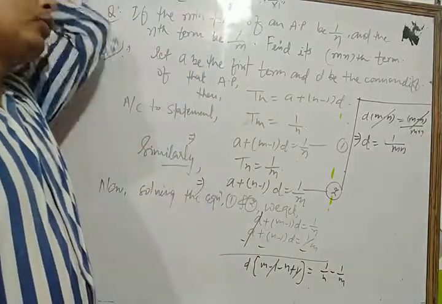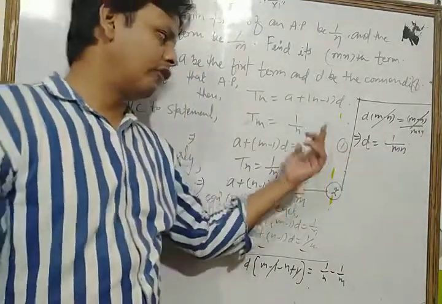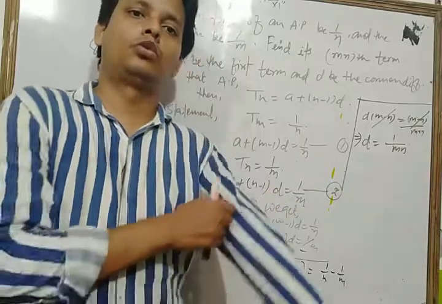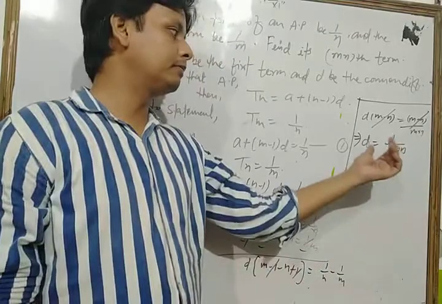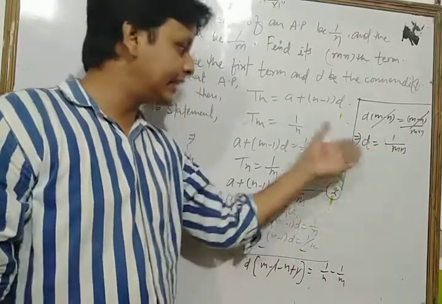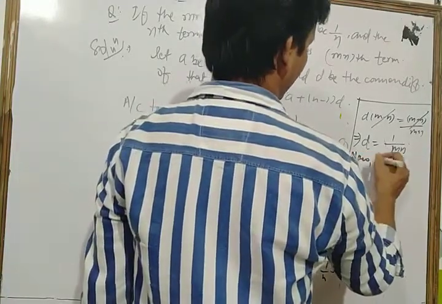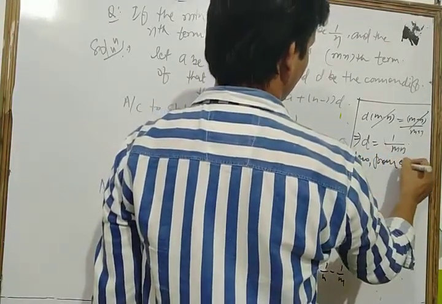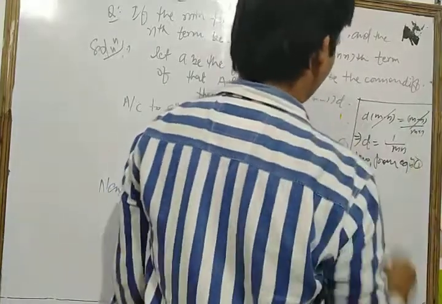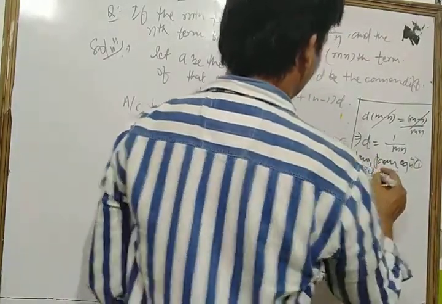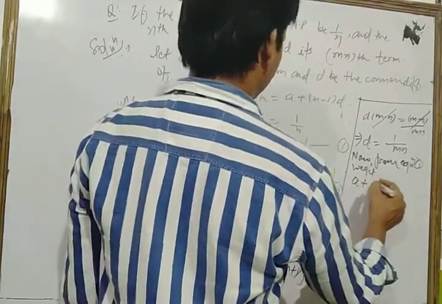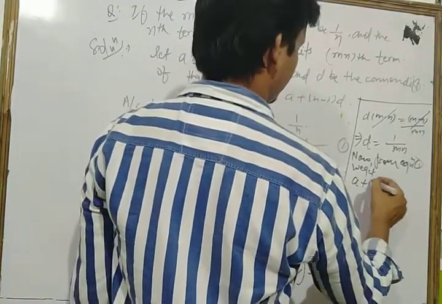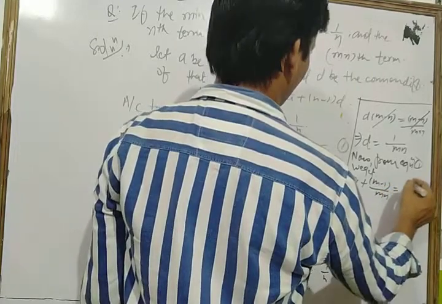Now we put the value of D in equation 1 or 2, as you wish. For finding the value of A, you put the value of D in either equation 1 or 2. Now from equation 1, we put the value of D in that equation and get A plus 1 upon mn is equal to 1 upon n.